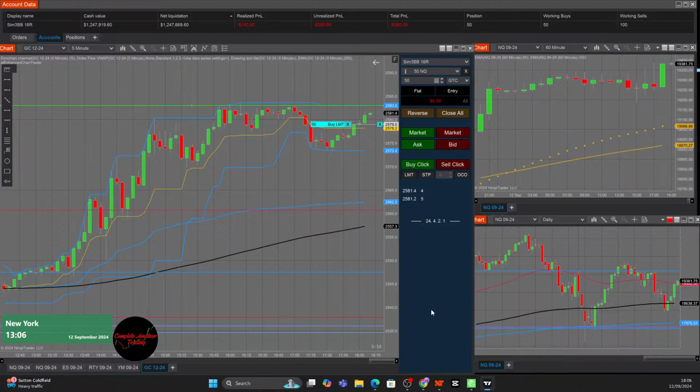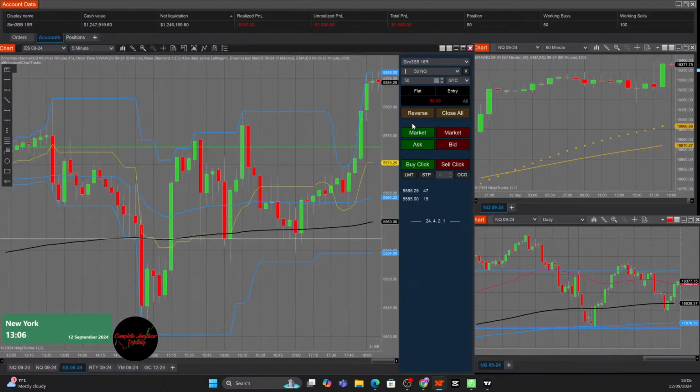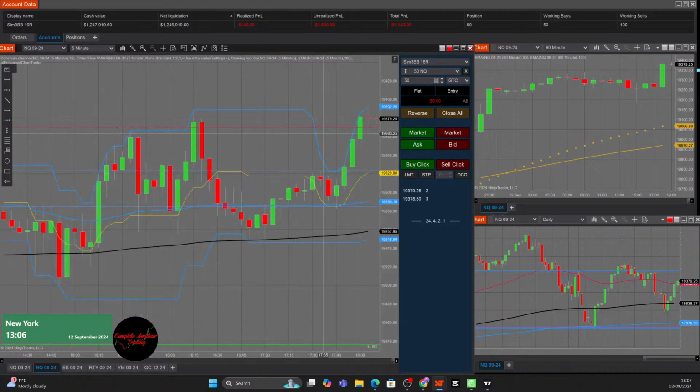That's 4 points. Huh. So can take re-entry longs on ES. On NQ, we need price to get up to the 420s.